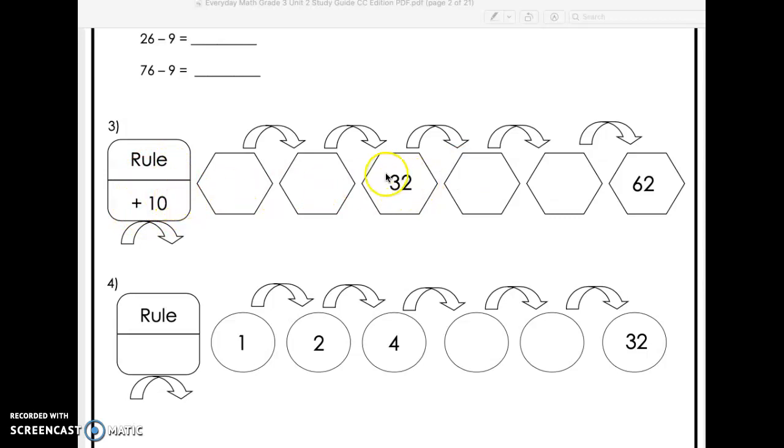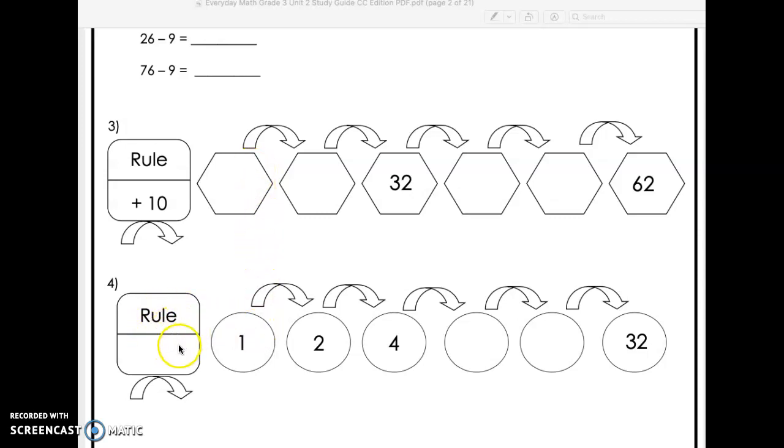So I would start here. 32 plus 10 would be 42. 42 plus 10 would be 52. 52 plus 10 is 62. Now, to get the answers for this, you're just going backwards, so you're subtracting 10. So 32 take away 10 would be 22. 22 take away 10 would be 12.